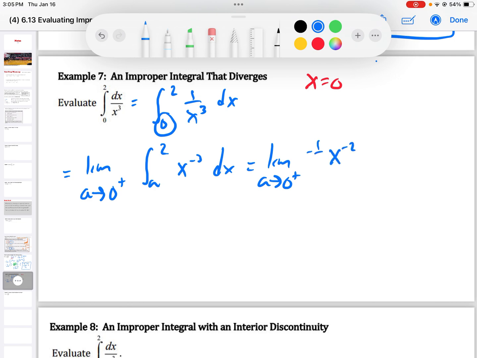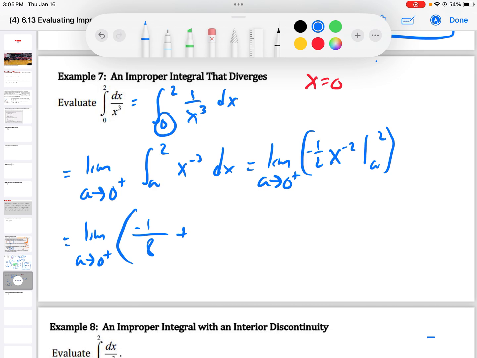Find the antiderivative: add 1 to the exponent, multiply by the reciprocal, and evaluate it from a to 2. Let's plug in 2. It'll be negative 1 over 2 times 2 squared, so that's negative 1 over 8.